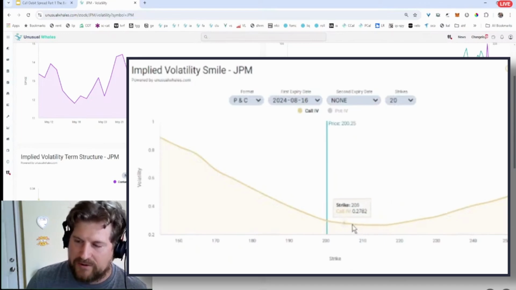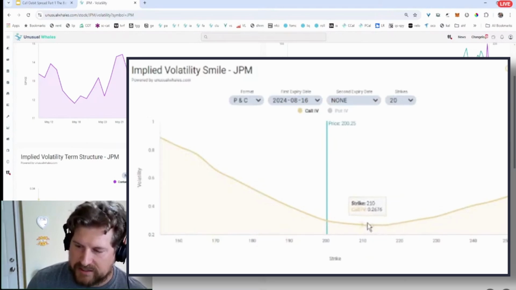And now that implied volatility has gone up by a non-trivial amount, 1.5 vol points. Okay, let's just say it's gone up by 1 vol point. But let's think about that 210. That 210 was higher. It was almost 28. And now it's 26.76. I don't know how clearly you can see it.